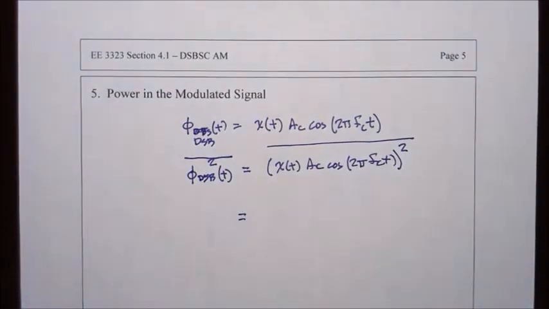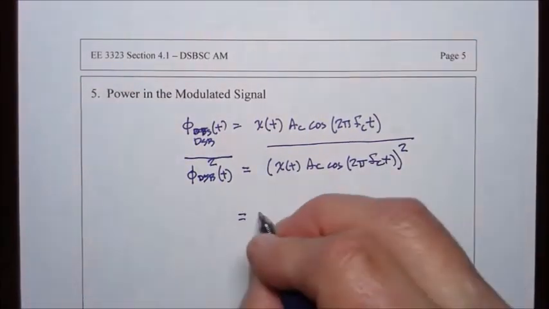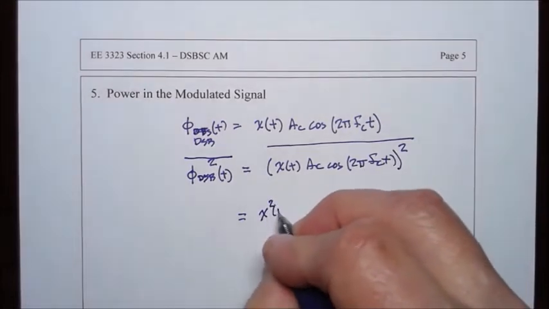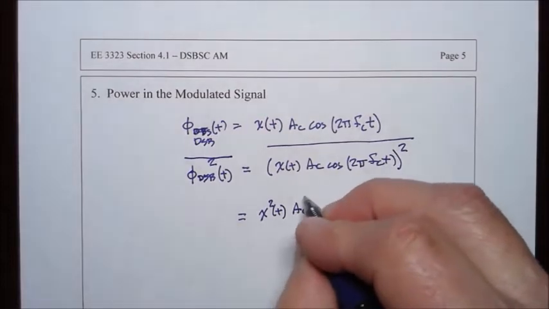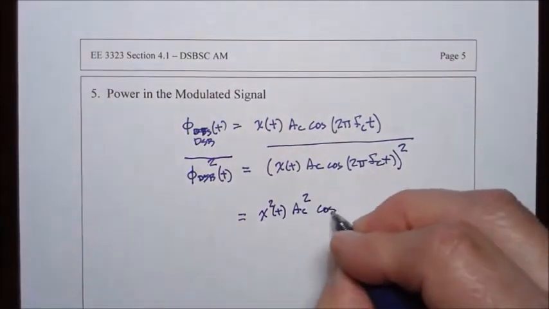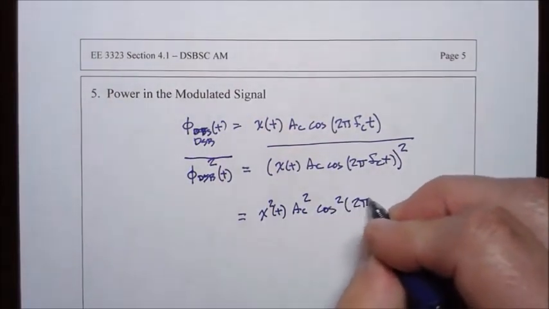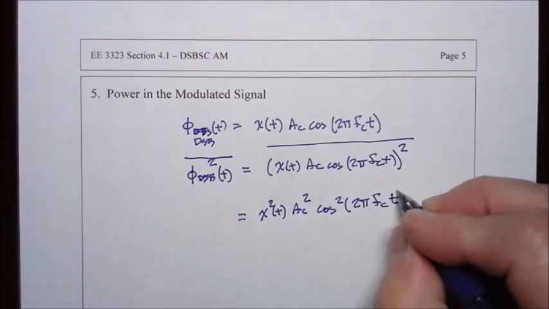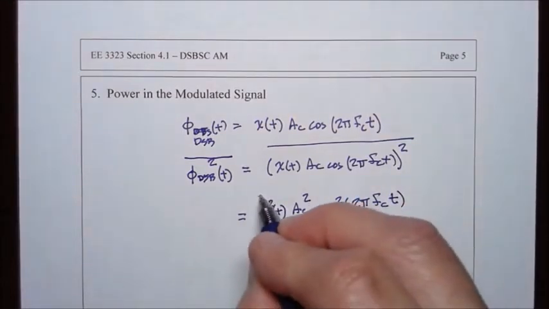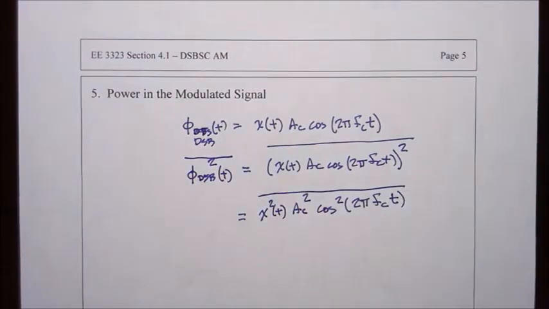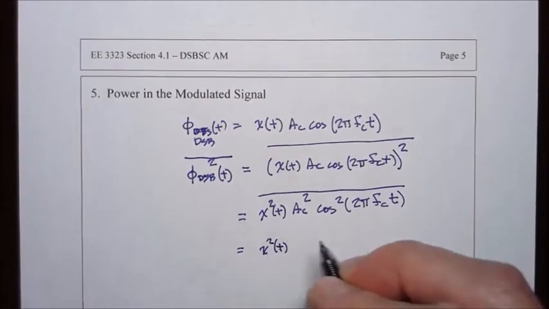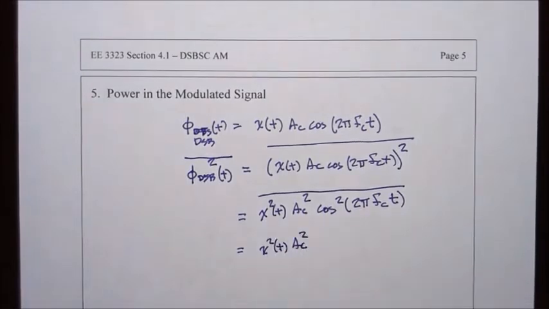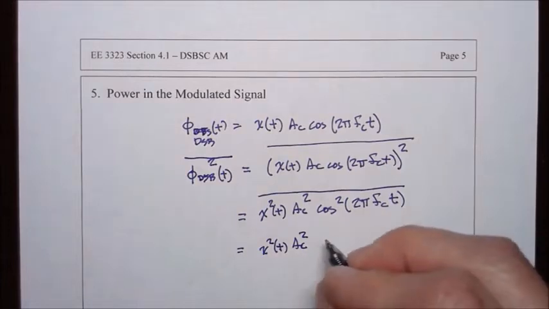And so that's going to give us x squared of t, AC squared, and then a cosine squared of 2 pi fct. Then we're taking the time average of all of that, which will be x squared of t times AC squared times cosine squared.